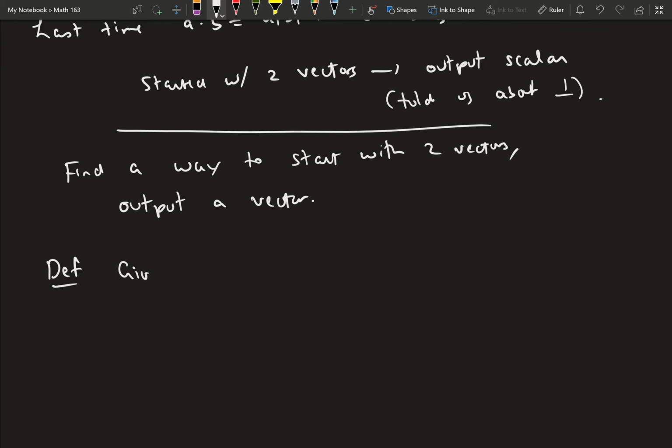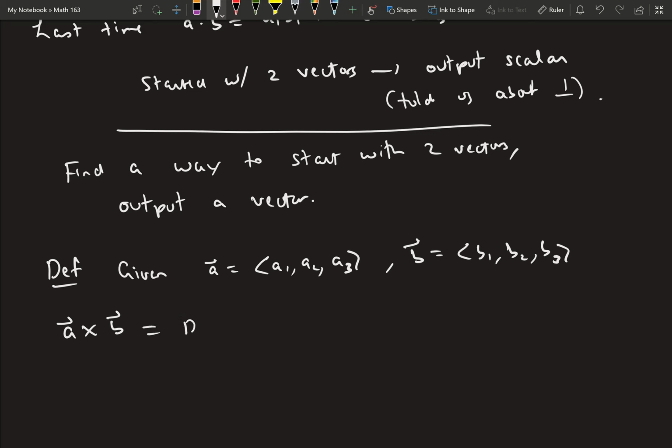So given, say, A, which is A1, A2, A3, and B, which is B1, B2, B3, we define A cross B, so this is the cross product, as the following.